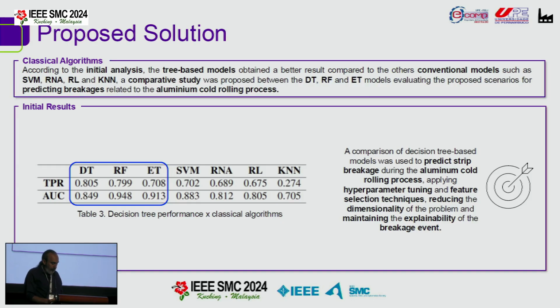A comparative study was proposed between the DT, RF, and ET models, evaluating the proposed scenarios for predicting breakages related to the aluminum cold rolling process. In table 3, we can see the better performance for the 3 tree-based models, a comparison of decision tree based models.